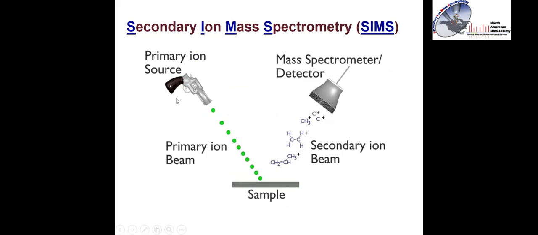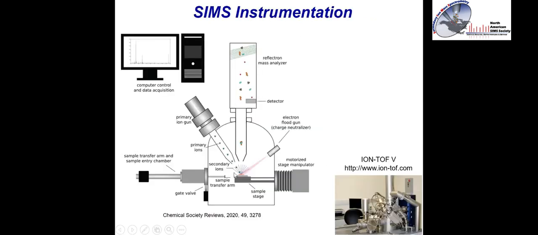I'm sure that will be covered in this seminar series multiple times, but the basic concept is we have a primary ion gun that shoots ions down onto a surface where there's an impact, an explosion, and material is released, some of which is ionized, and those ionized species are then extracted into a detection system. This is a more detailed schematic of a SIMS instrument.